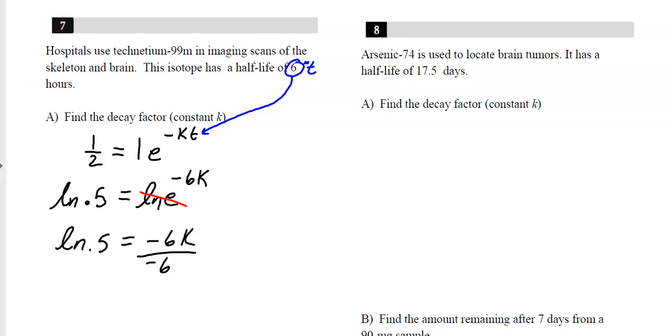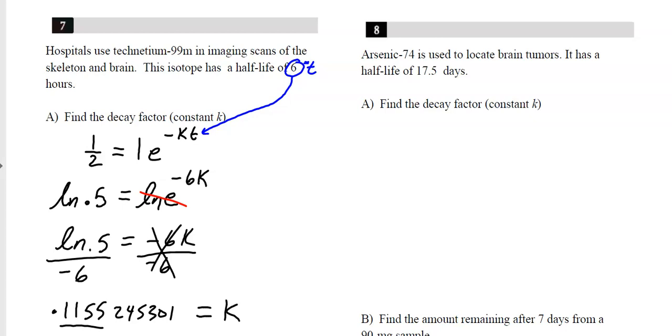Divide both sides by negative 6, and you will see that k equals, and I crank this decimal out, 0.1155, and then there was some other stuff, 5301. But if I keep like 4 of them, I'm in pretty good shape. So that's our decay factor. That's our constant. That's k. I'm going to need that to do the other parts of this problem.